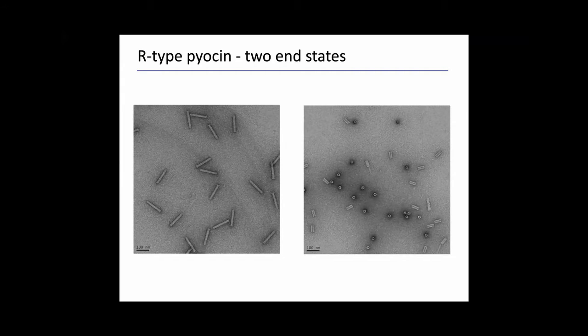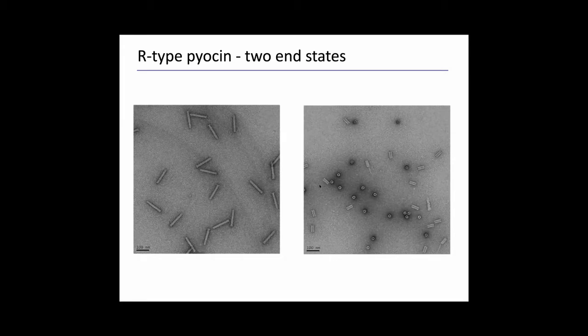So we're looking at two states of the contractile tail assembly called pyocin, and it's produced by Pseudomonas to kill other Pseudomonas. It's very much like a typical phage. You can imagine a capsid here, but there's no capsid. What these particles do is go and kill other Pseudomonas.